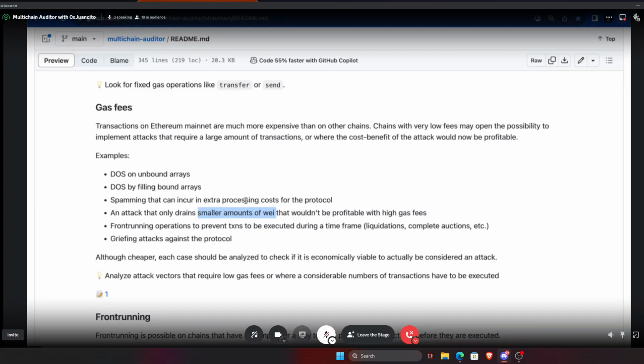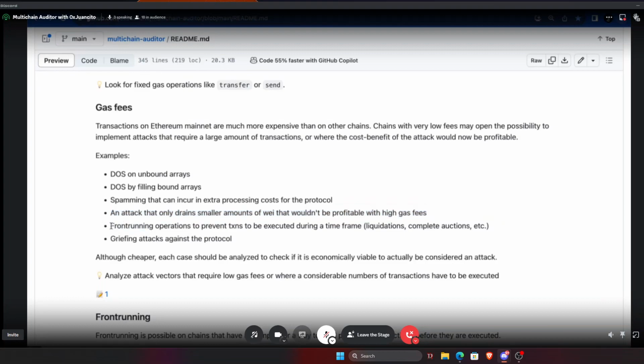But you may use Polygon or even a cheaper chain where this attack may be viable, because some amounts of USDC, which has 6 decimals, might be some cents, and the cost in Polygon to execute the transaction will also be some cents or less. So that might be viable here.